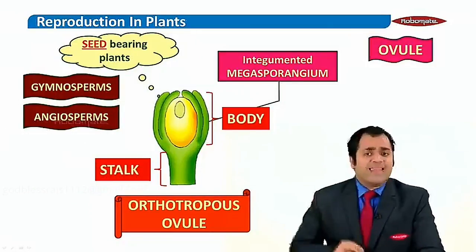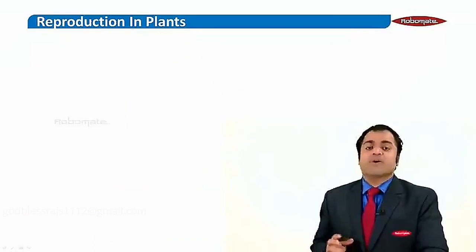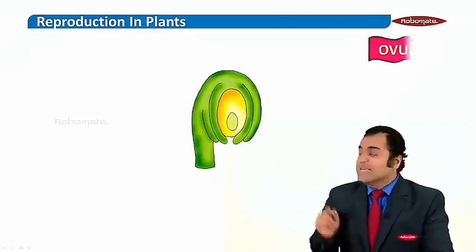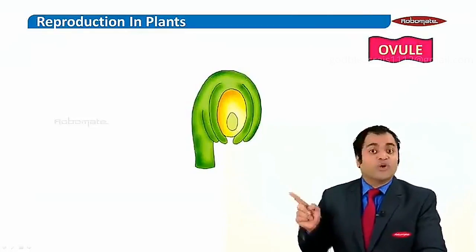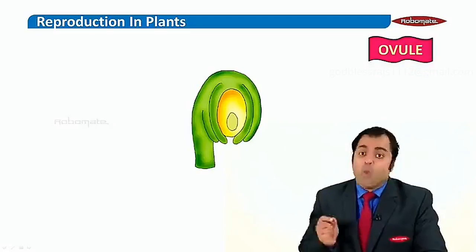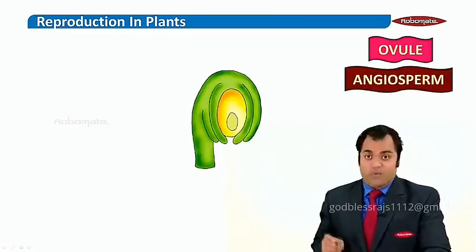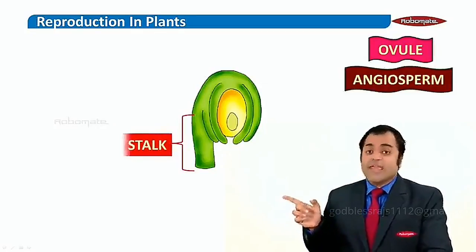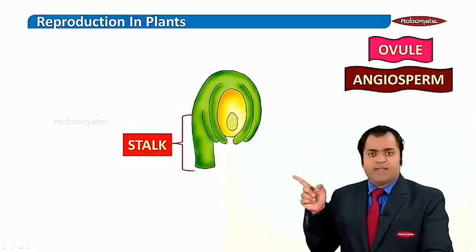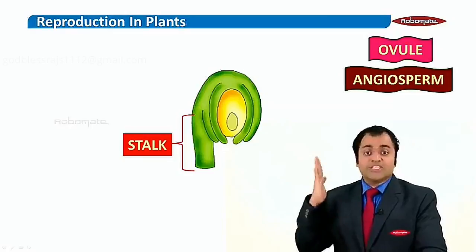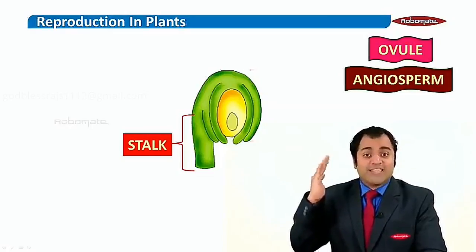But if you look at angiosperms, you must remember in most angiosperms, this is what an ovule would look like. What you are seeing here once again is an angiospermic ovule, where what you see here is the stalk. But look at that body. How does it look? It just looks as though the body is inverted.